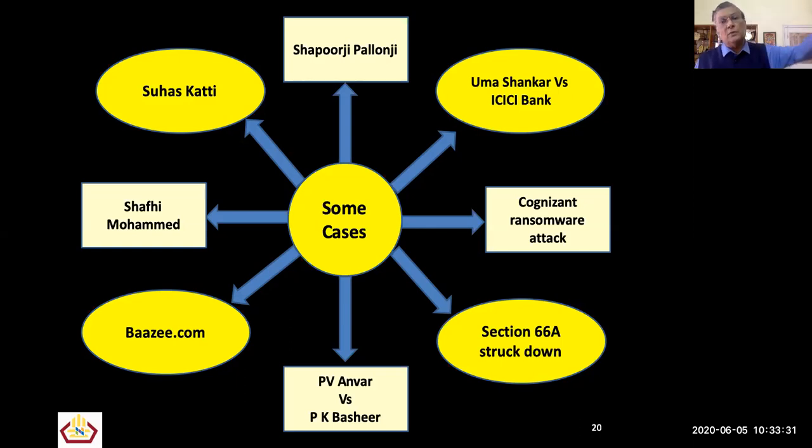You cannot always say, I will be able to catch hold of a criminal who is a Nigerian fraud criminal sitting somewhere in Russia or somewhere, that kind of a thing. You can only catch the intermediaries who facilitated the crime.